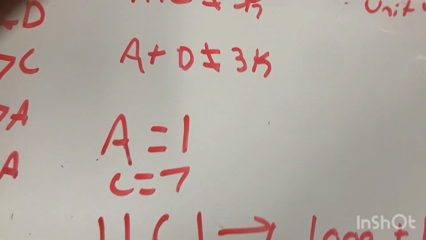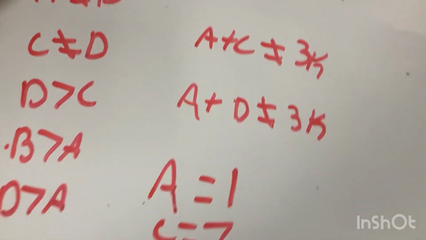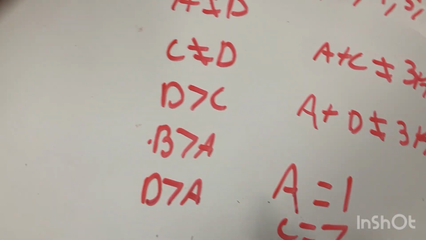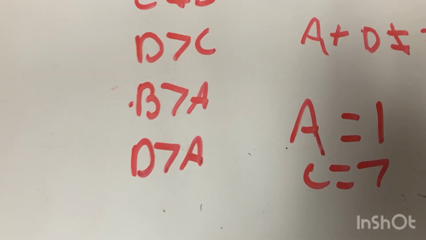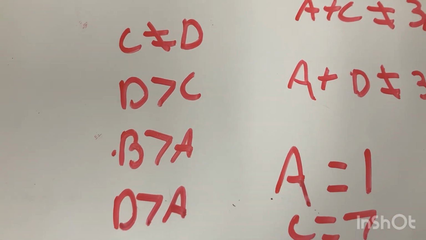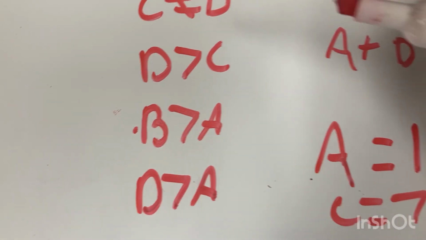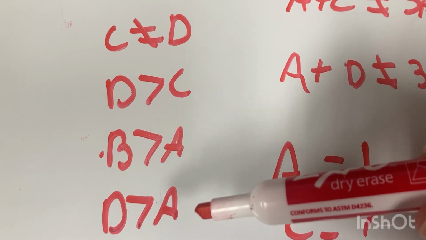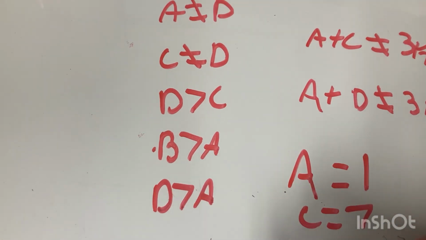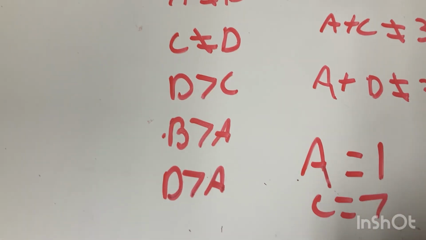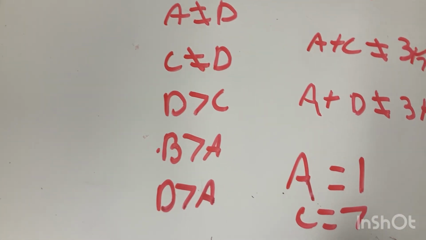Let's erase this. Now that leaves D and B. Do we have anything here that could say D has to be greater than C? So that means that D must be equal to 9. And B must be equal to 3.